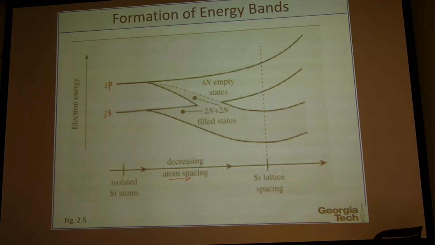But from the energy point of view, we are going to split the discrete energy level into a band. This is how we introduce the model of band. We split the 3s and 3p into two bands as you bring the atoms closer to the silicon lattice spacing, the crystal structure we have seen earlier.